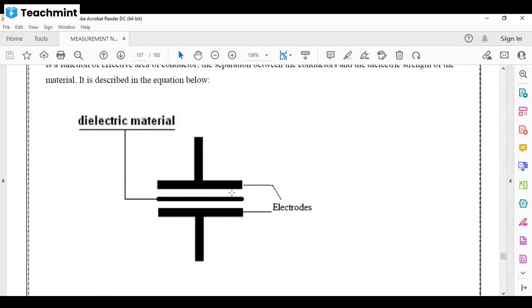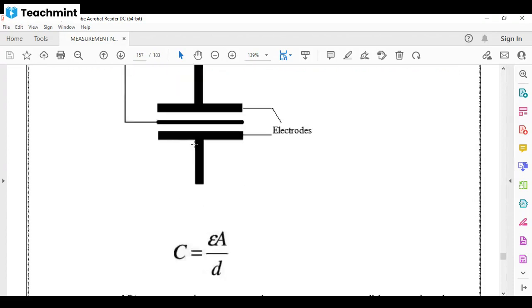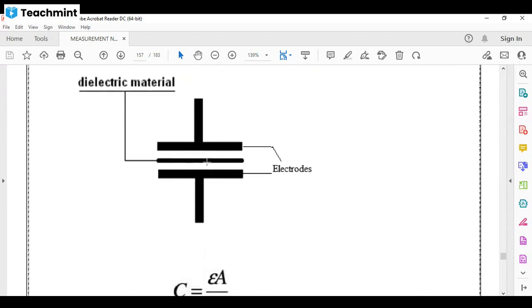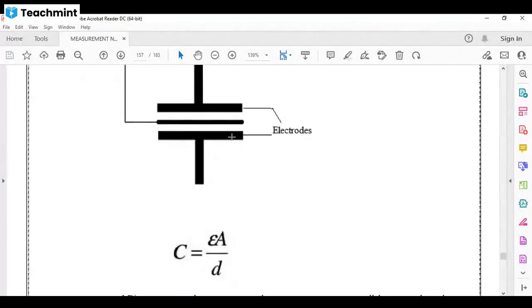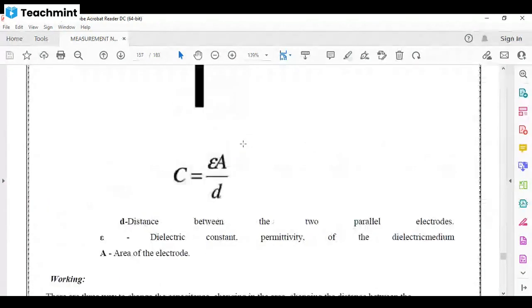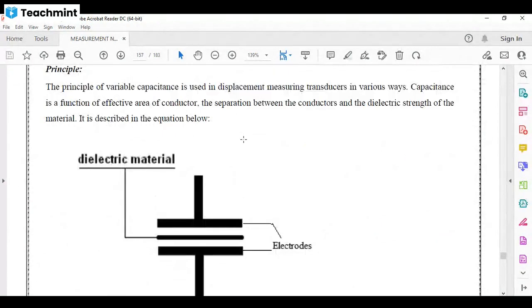This distance is D, this is the dielectric material, and this is A, the area of the electrode. The working principle depends on the changing of capacitance, or variable capacitance.